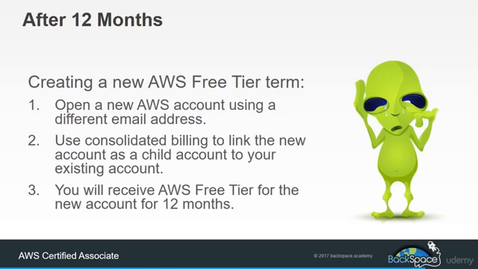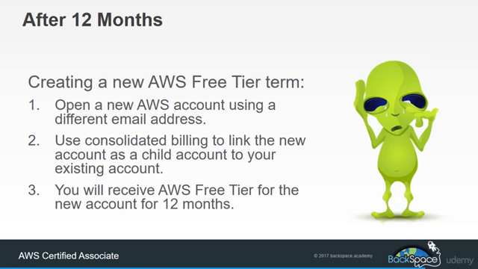Okay, so what happens after 12 months? You've had your account, you've gone through this course and you're still using it, and your 12 months has expired, and you just don't want to keep paying for it. You don't want to have another bill to keep track of. So if you just want to keep an account available for R&D purposes, you can create another AWS account using a different email address and then link that to your main account using consolidated billing. That will set it up as a child account.